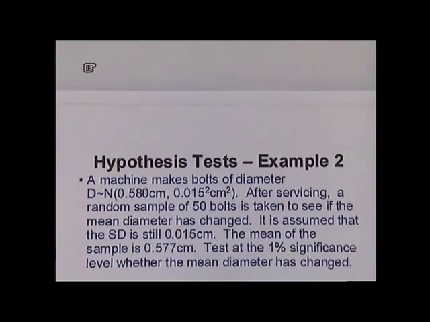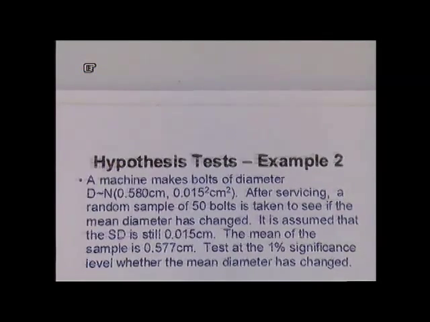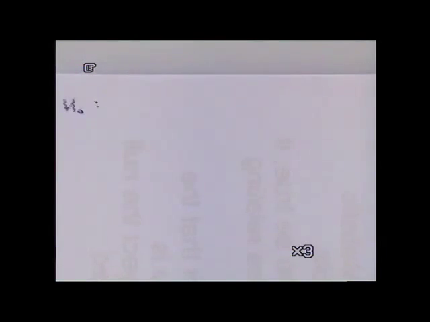So you've all got that question in front of you, so I'm going to take that off the screen. What was step 1 of our 6-step rule? Write down H0 and H1. So, what is H0 in this question? H0 is always the status quo, nothing bad has happened.